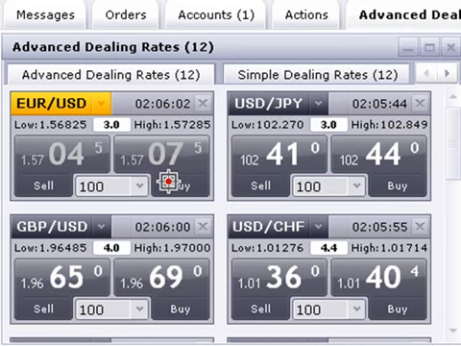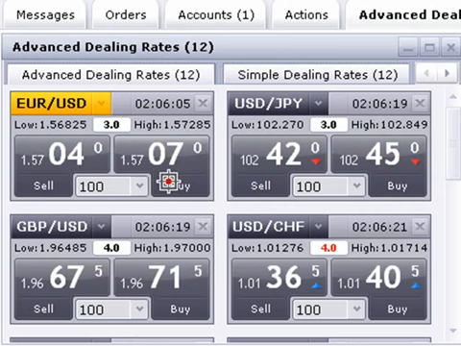So what you're seeing when you look at that quote of 157.07 is how many of the second, or counter, currency in the pair it takes to buy one of the first, or base, currency in the pair. In this example, we're looking at a quote for euro dollar of 157.07, and this means that it takes 157.07 US dollars to buy 1 euro.